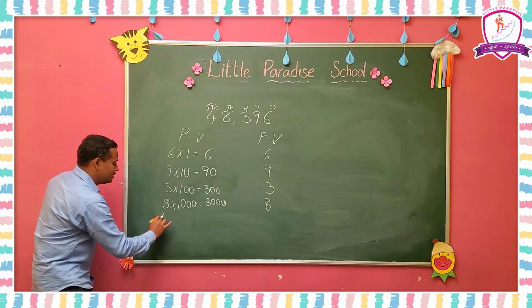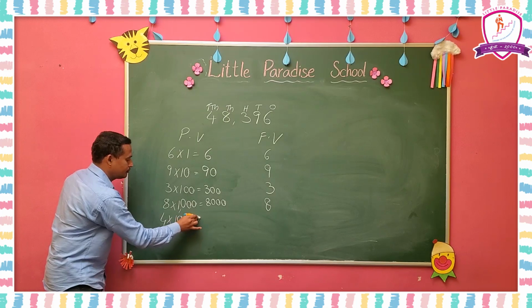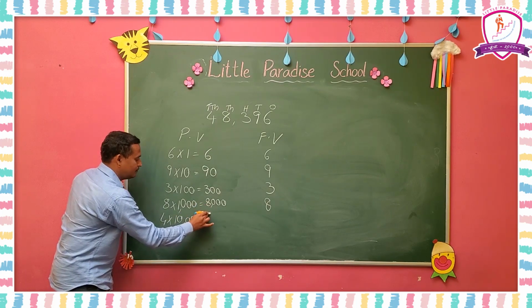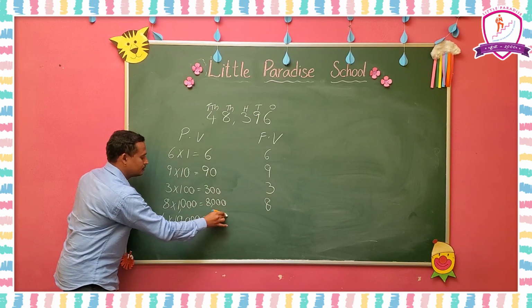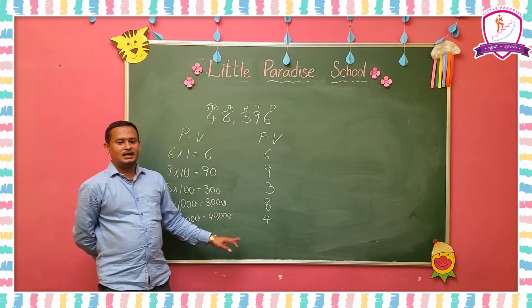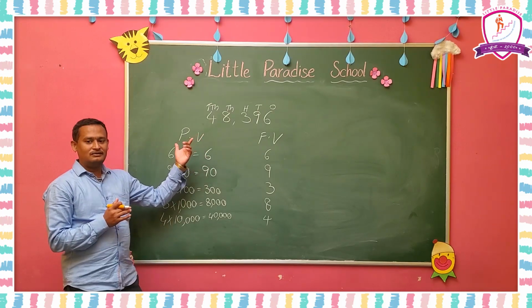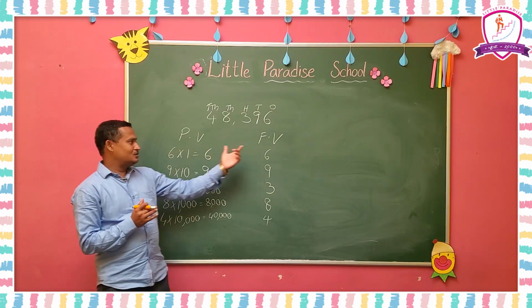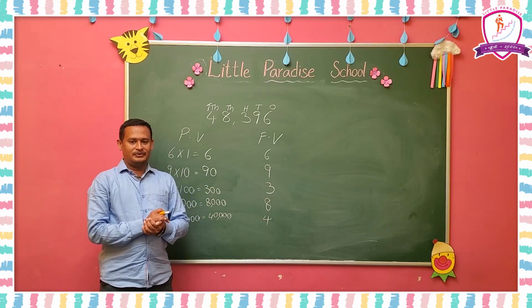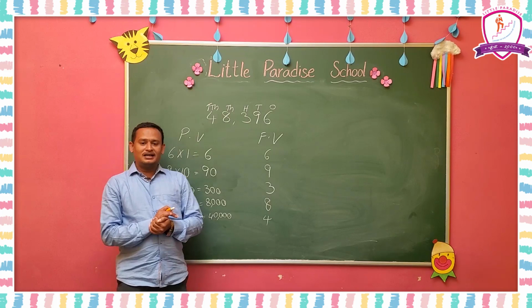And here 4 is in the 10,000s place, 40,000. Here the face value of 4 is 4 only. Like this you have to remember: according to the places, the place value will increase, but there is no change in the face value. According to this only you have to write the expanded form.